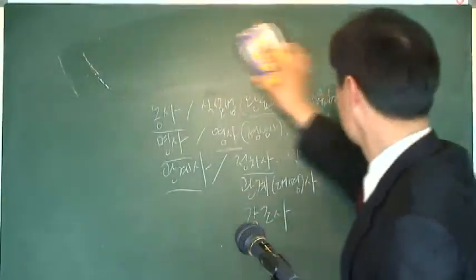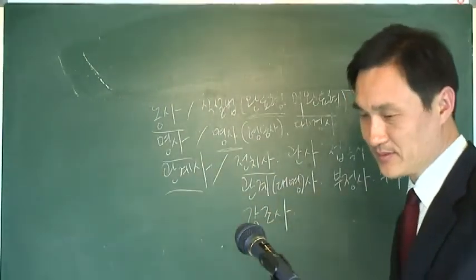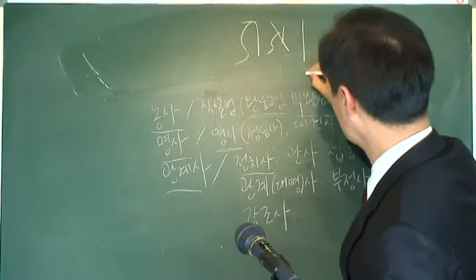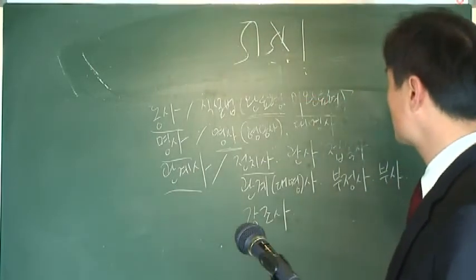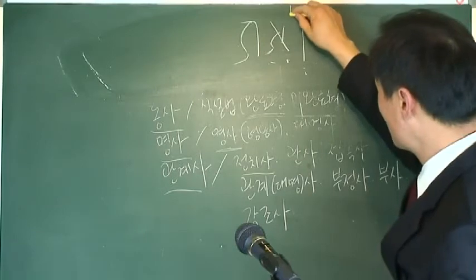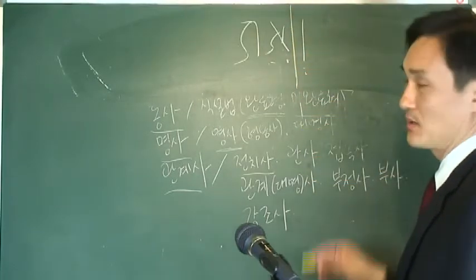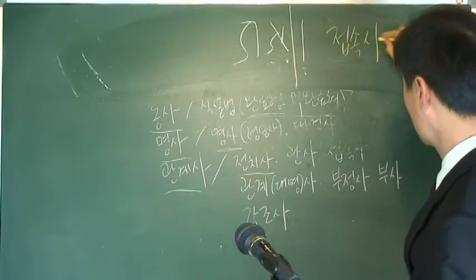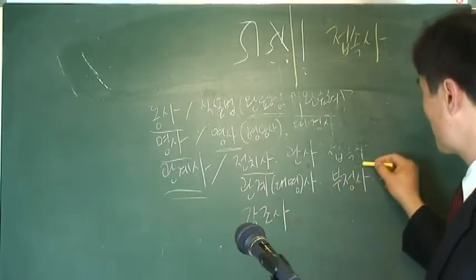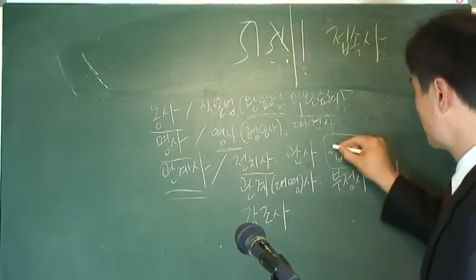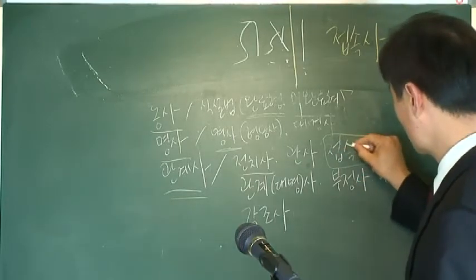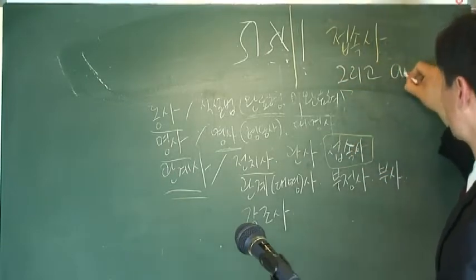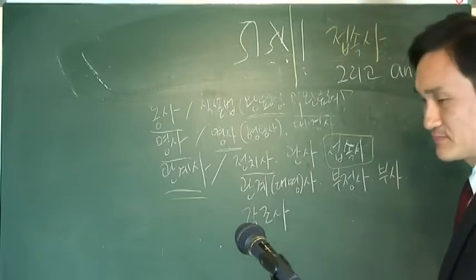Next, ve'et. We can first separate this into ve and et. Ve is a conjunction. It is a conjunction under relative particles. This conjunction is and in English.